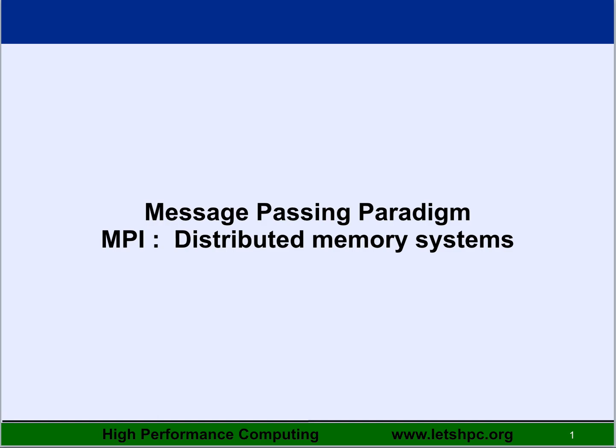So today we are going to focus on MPI, how we use MPI, how we can write simple codes, and what the important function calls and subroutines in MPI are.